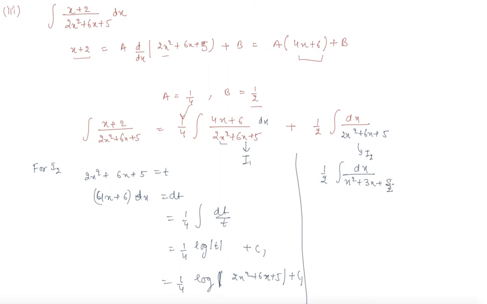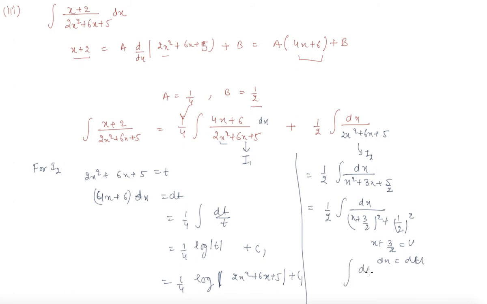I divide the expression by 2. So this is (x plus 3 by 2) whole square plus something, and take x plus 3 by 2 as u now. So dx equal to du.